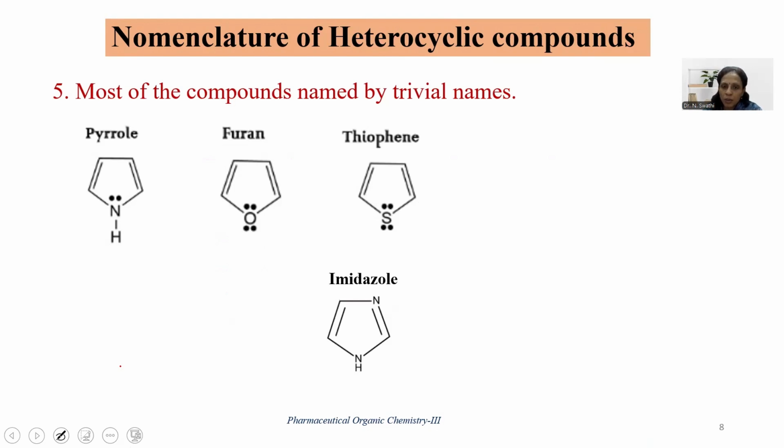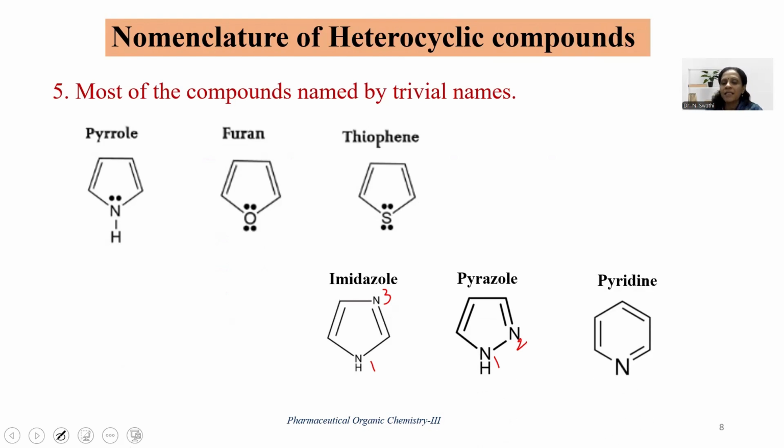Di means 2, aza means nitrogens. 2 nitrogens are present at 1-3 positions. But its trivial name is imidazole. Similarly, in another example, this is also a 5-membered ring where 2 similar nitrogens are present at 1-2 positions. As per IUPAC system, we should name it as 1,2 diazole, but it is popular with the name pyrazole.